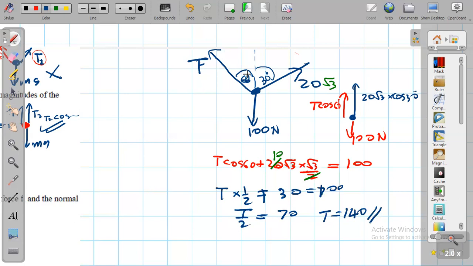When the angle is greater, the force should be bigger to give the vertical component. When the angle is greater to the vertical, it has to provide a greater support to the vertical. Okay? Understand?